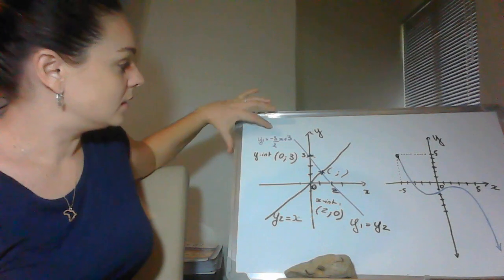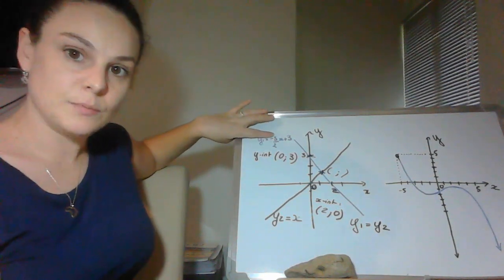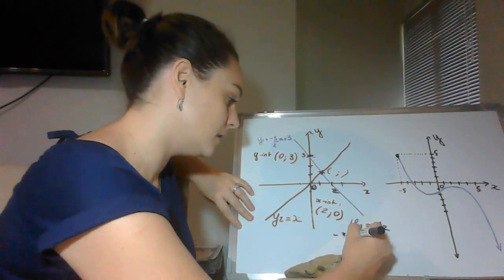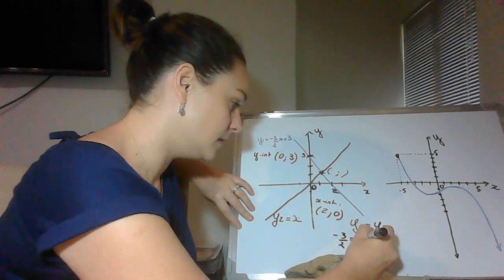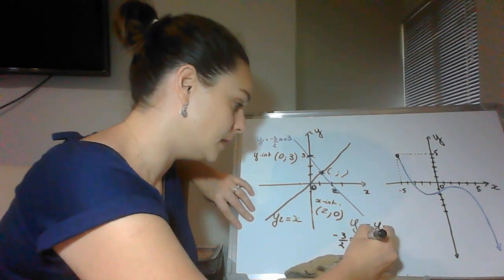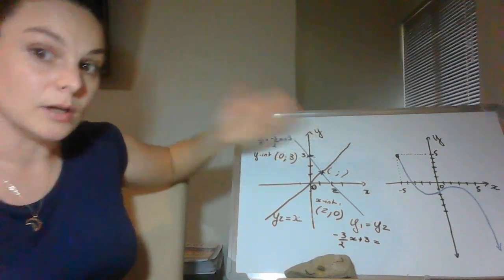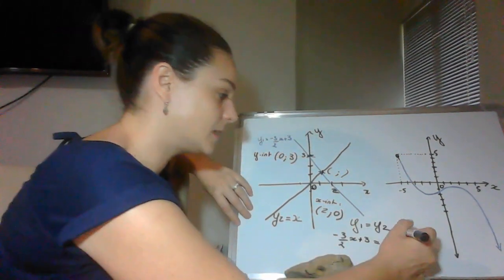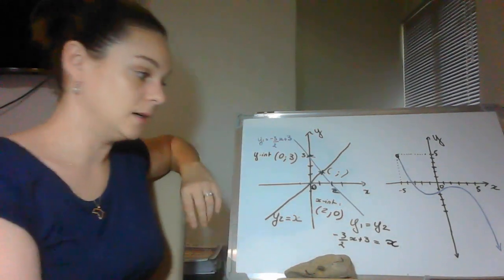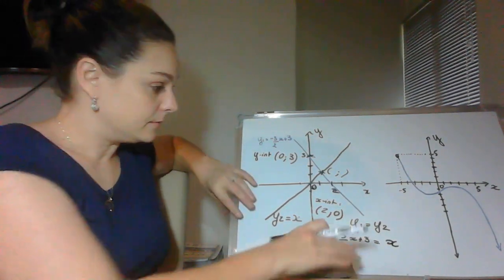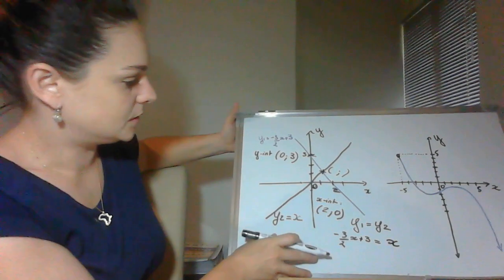The equation of y1 is minus 3 over 2 x plus 3. So I take the equation, and I know when it crosses, y1 is going to be equal to y2, and y2 has x for equation. That's just solved.